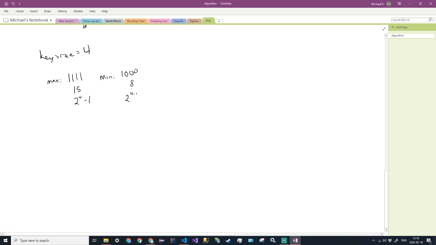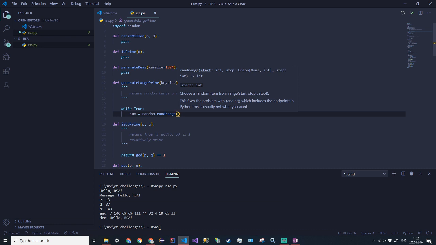But in the minimum, the minus 1 is in the exponent, but in the maximum, the minus 1 is in the actual expression, not in the exponent. All right. So what we're going to say is random range includes the endpoint. Okay. So 2, and we're going to use the Python power operator. So 2 and then 2 asterisks.